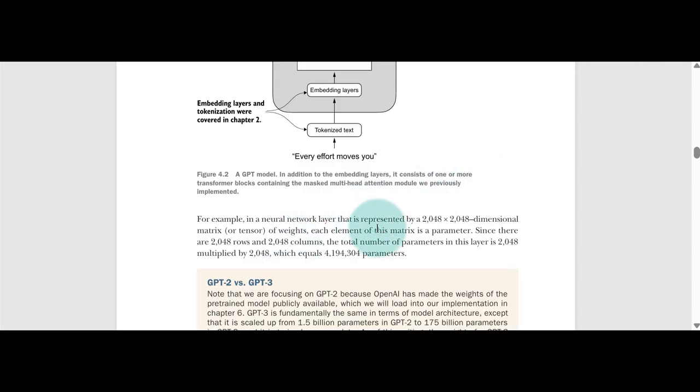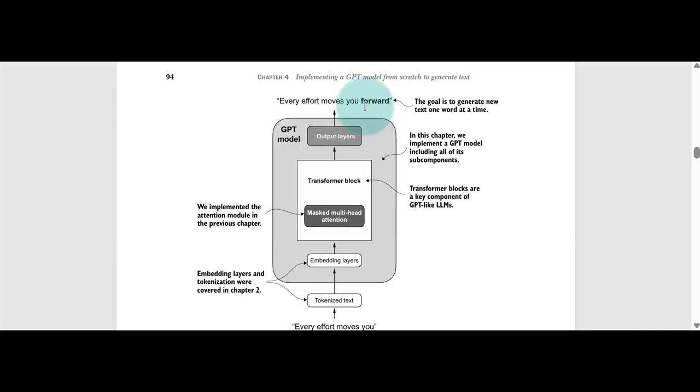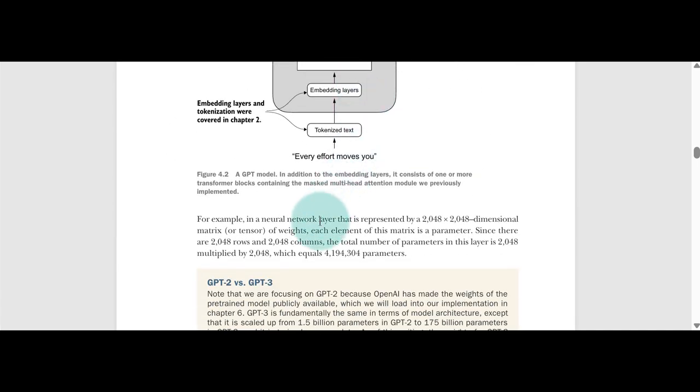Now down here, he's continuing what he was saying up here, that the parameters are the weights. In a neural network, we know that layers contain weights, and they also contain nodes, but let's say layers contain weights, and the application of the weights to the layer before is done through a matrix multiplication.